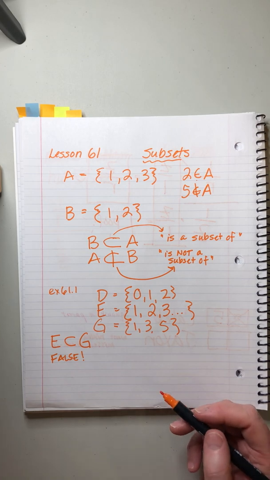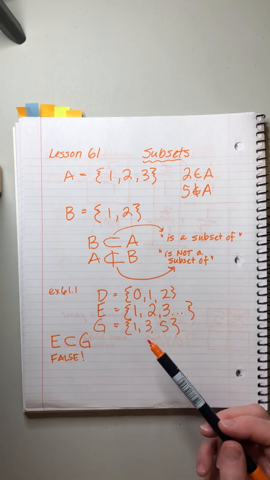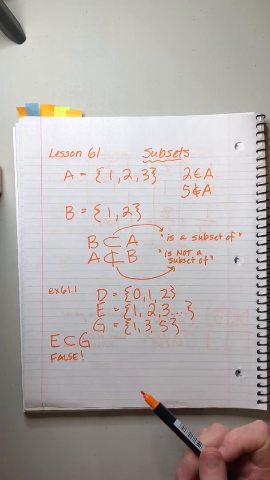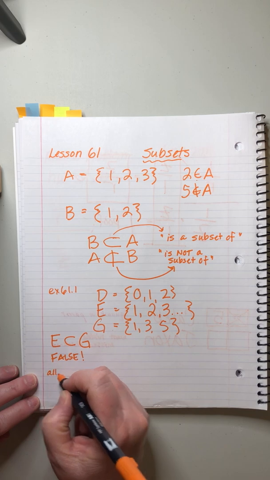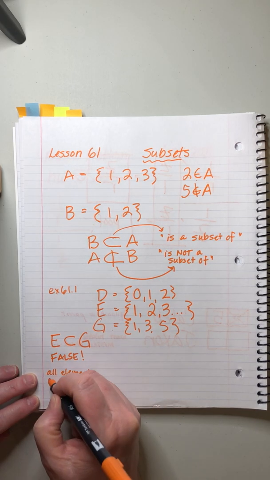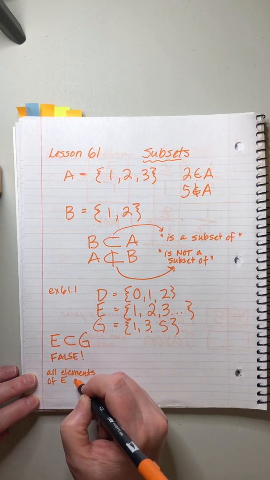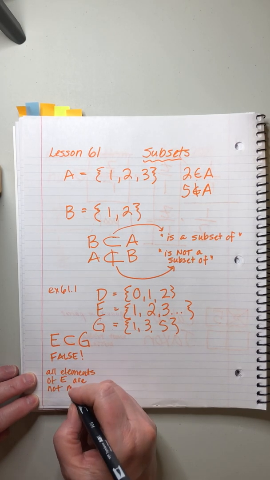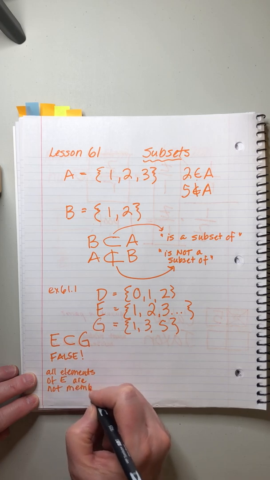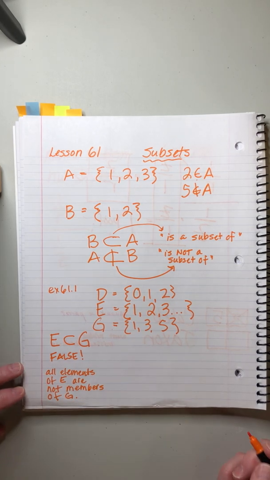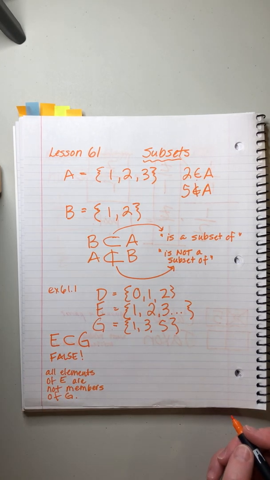Well, the easiest way to say it is that all elements of E are not in G, which seems silly to even say, right? That's the whole definition. All elements of E are not members of G. There, John should like that, right? I didn't use a capital at the beginning, sorry.